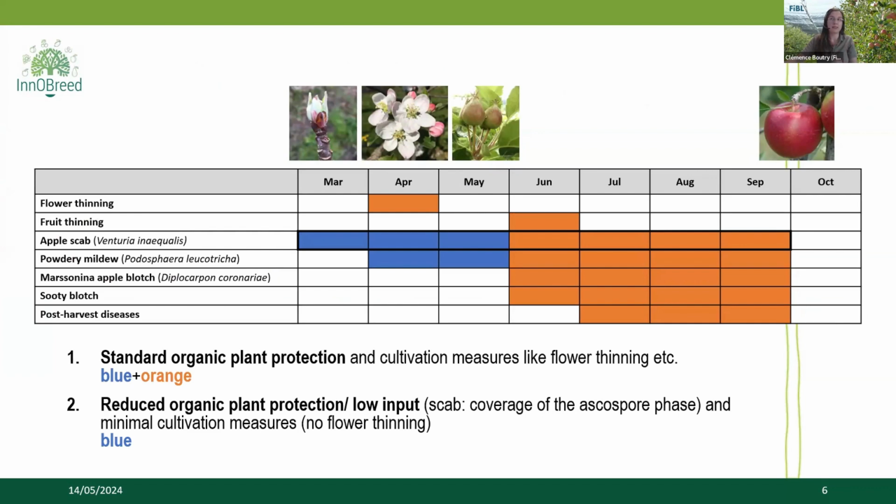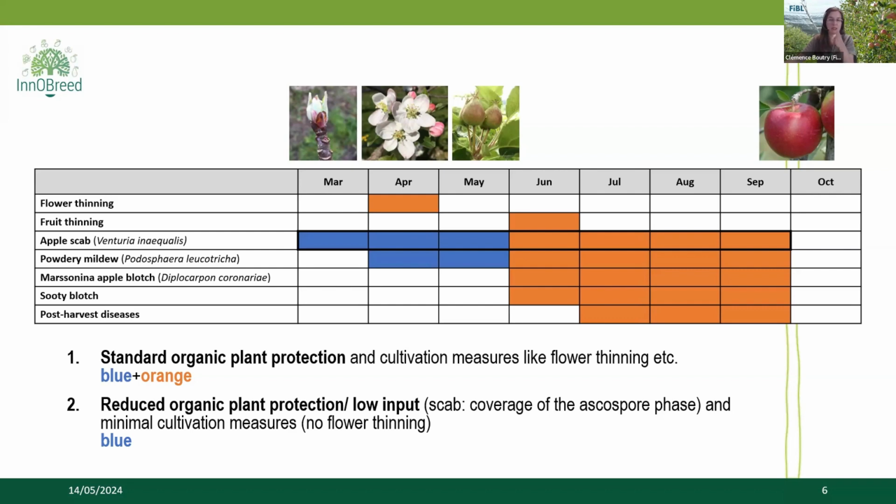And then for diseases, you see the most important is apple scab, also in bold. The treatment starts in March and goes up to the harvest. All plant protection is stopped some days or weeks before the harvest to avoid residues.